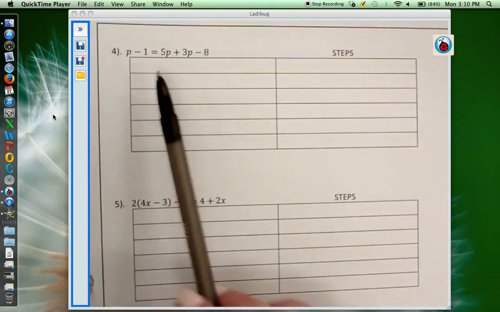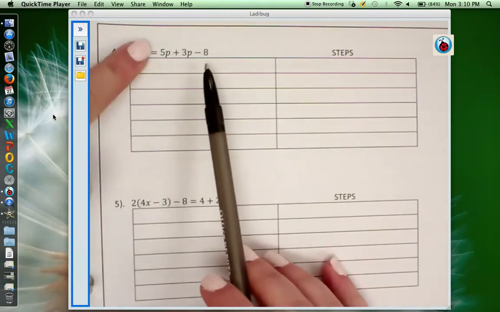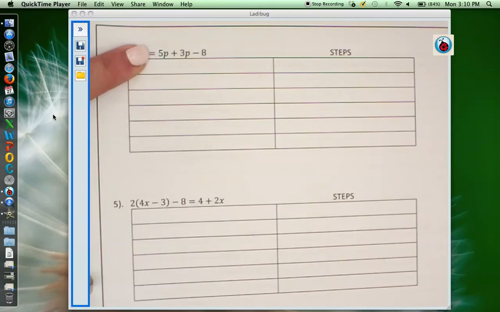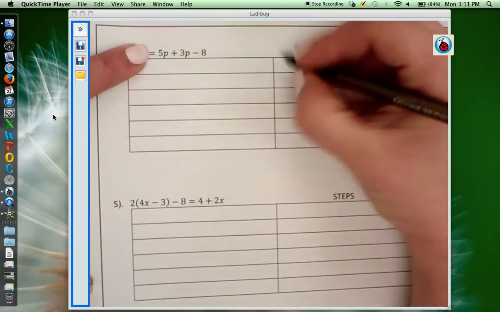But if I take a look, I'm going to ignore the left side for a moment. If I take a look just on the right side of the equal sign, this right side is not even simplified. I have 5p plus 3p. Those are like terms. So the very first thing I want to do is condense the right side of this equation. And I'm going to do that by combining like terms.